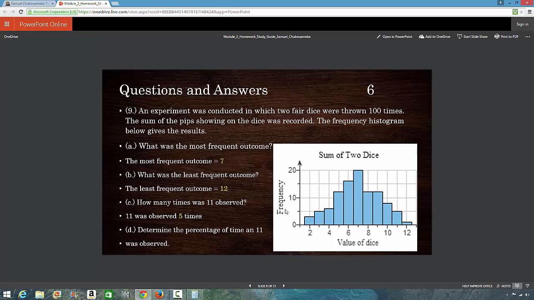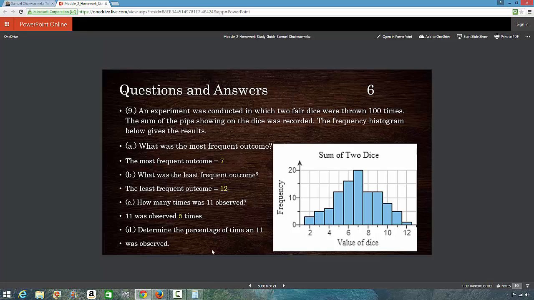This is 5, like 5, 10, 15, 20. So 11 occurred 5 times. You see that? And 12 occurred probably 1, that might be 1 or 2. Now, the next thing: determine the percentage of time an 11 was observed.